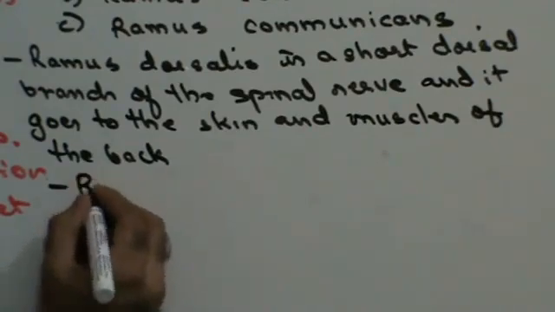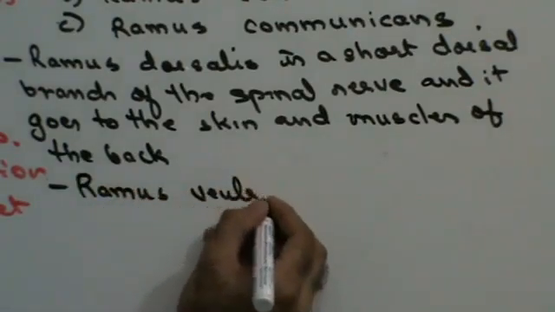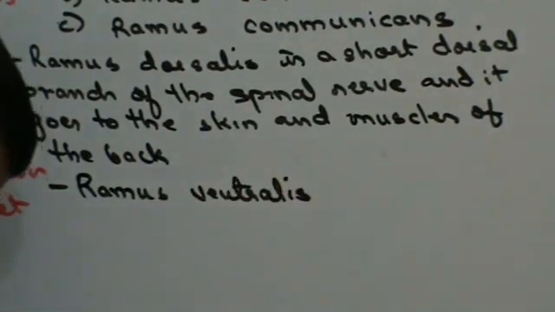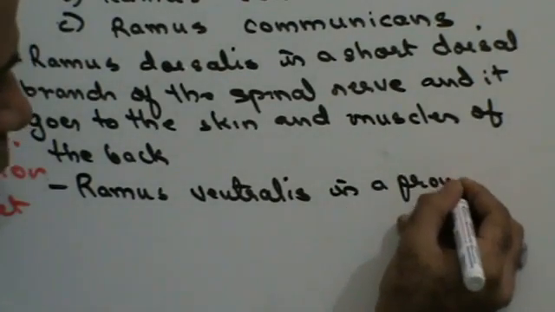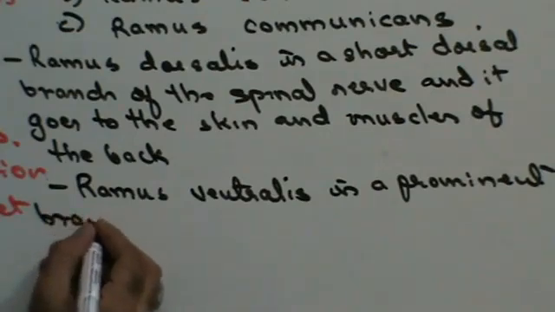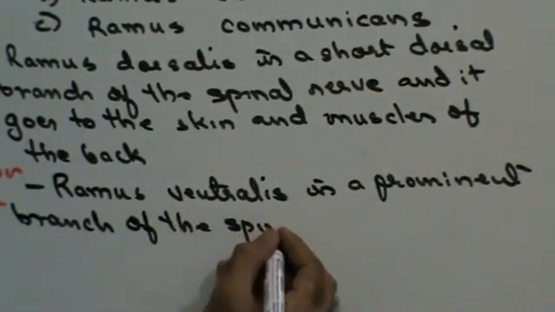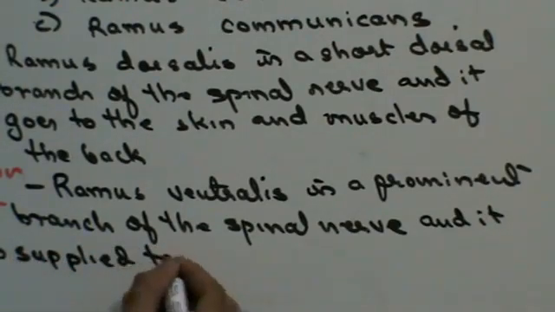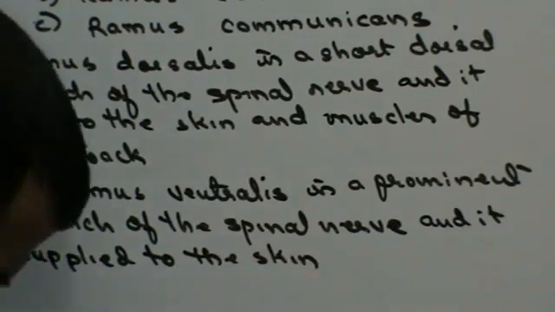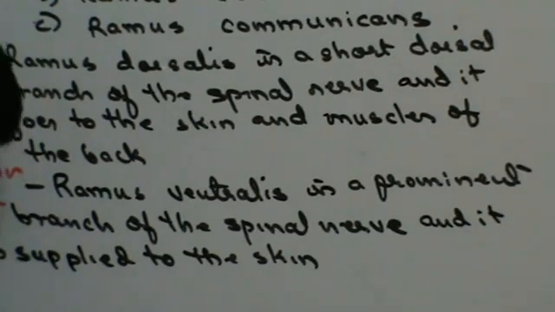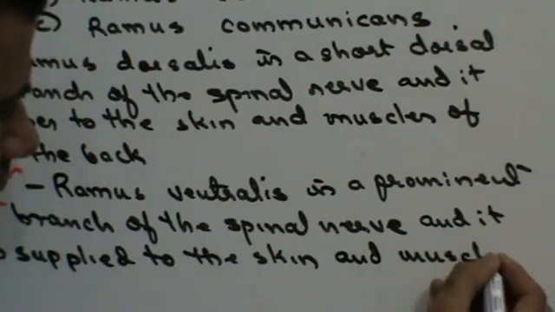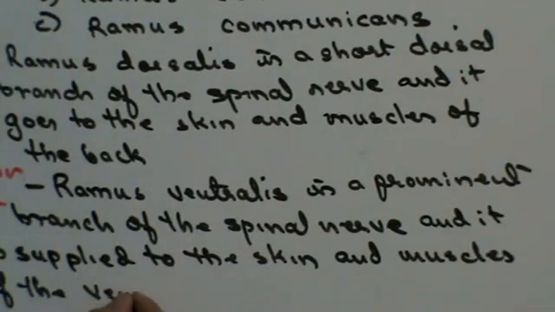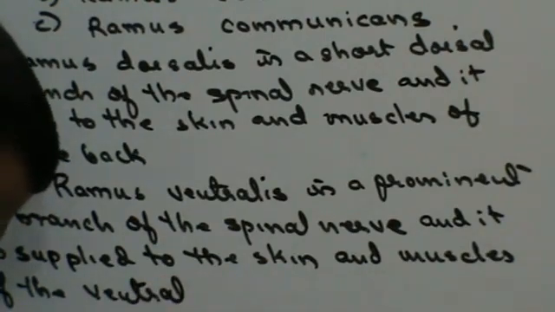Ramus ventralis is a prominent branch of the spinal nerve, and it is supplied to the skin and muscles of the ventral and lateral parts of the body.